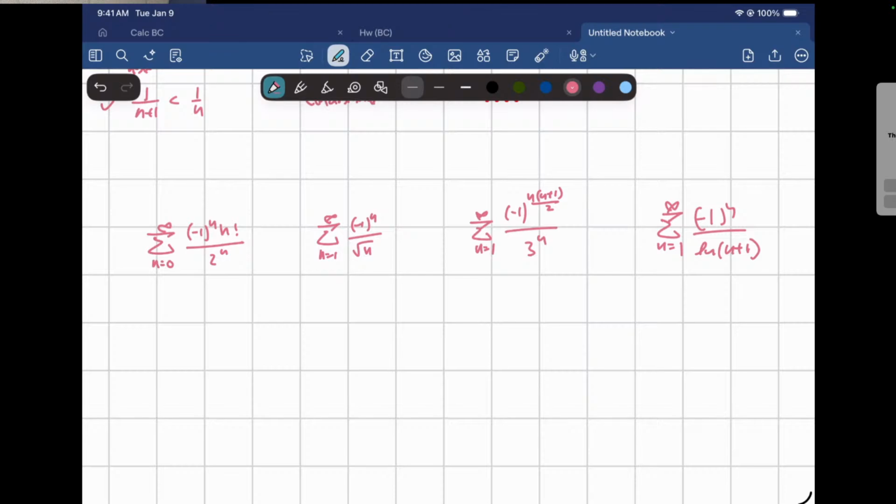This one, this number, this n. Which app does Safa use? GoodNotes? You had to pay for GoodNotes? I pay $9 a year. Oh, okay. Oh really? No, mine's $20, yeah.